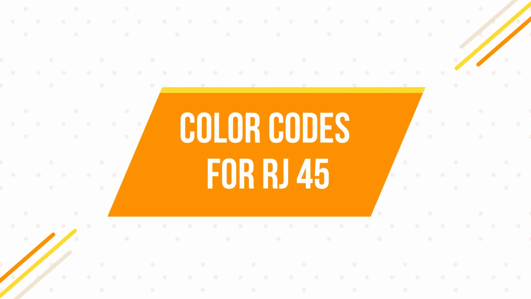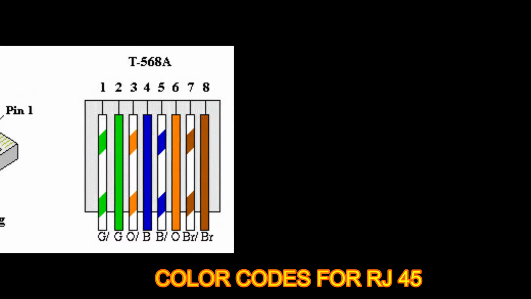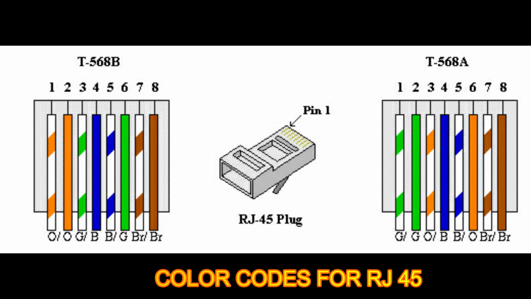In making an Ethernet cable, there are color codes to follow. We have 568A and 568B. In 568A, it follows the order from white-green, green, white-orange, blue, white-blue, orange, white-brown, and brown.